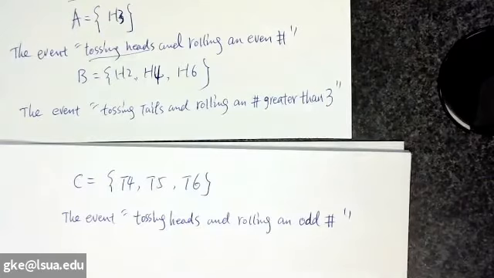Okay, try this one for me. It's going to be the last one. I think it should be very straightforward, right? Tossing heads, that is H, and rolling an odd number.